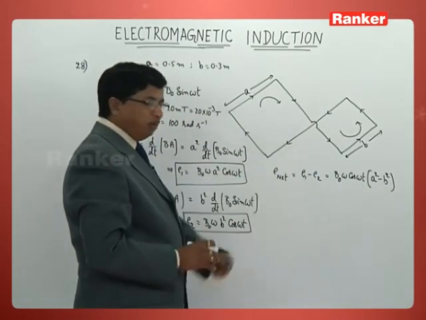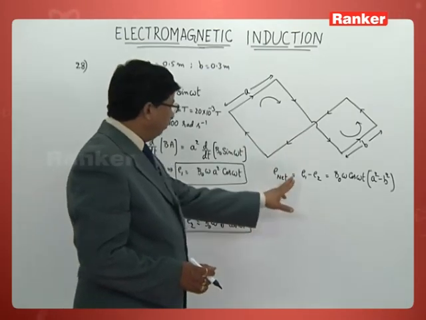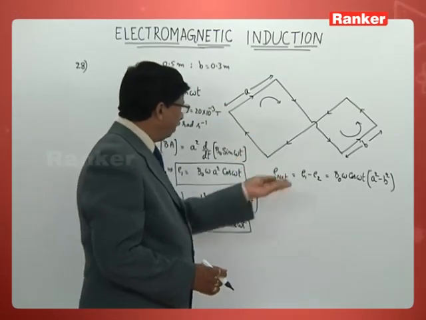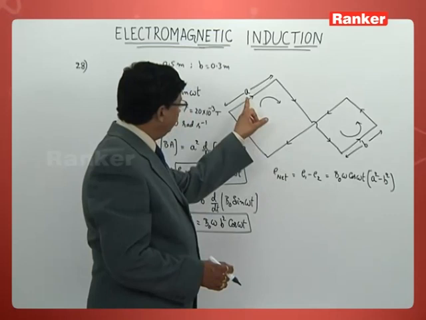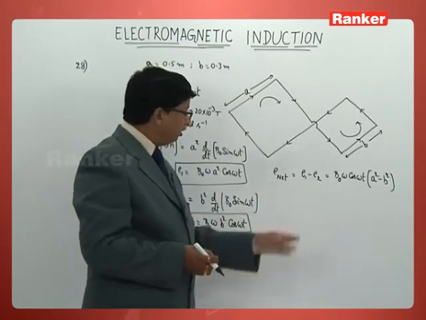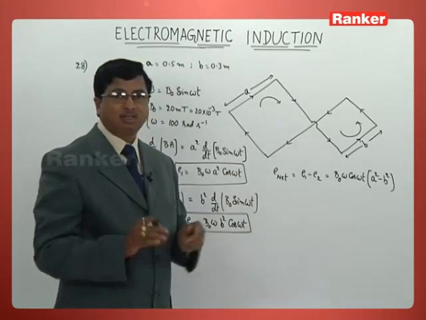But one thing more you can understand this way. In fact, E1 minus E2 I have taken. I do not know the individual values, but since A is more, I can take it for granted that E1 is greater than E2. Otherwise, the difference is what we want, nothing else.